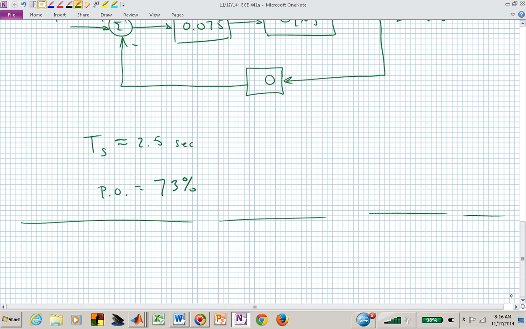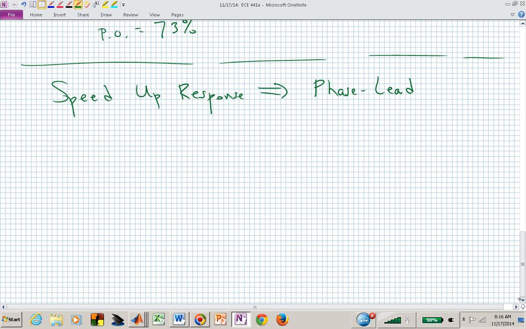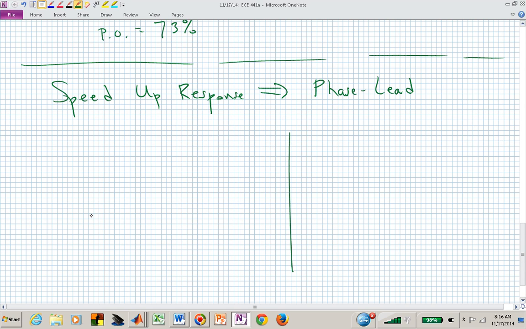And I could go with a graphical input and try to improve that. But now I want to speed up the response, which means I want to move those poles further into the left half plane. And I can do that. I now have poles here and here.